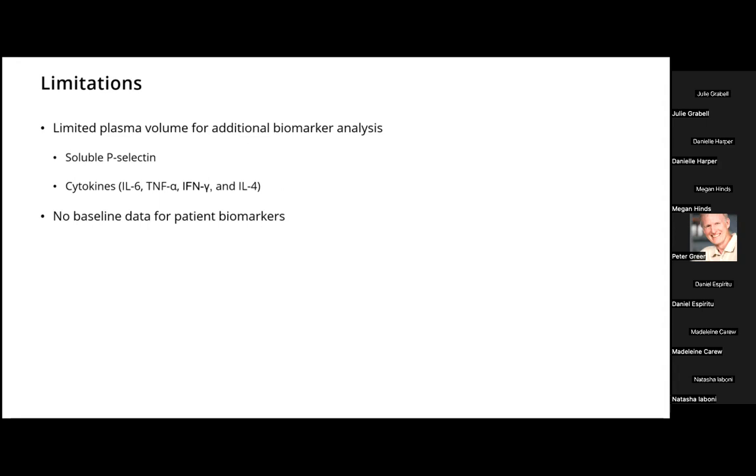And not only in the plasma samples, but also in the cells following stimulation with the severe COVID-19 plasma, because I wasn't able to see surface expression of P-selectin in my confocal images. So I want to see if that P-selectin could somehow have been released into the media as well with the VWF. I also would like to create a more robust cytokine profile for these patients because we know that cytokines are majorly implicated in severe COVID-19, and they also act to activate endothelial cells.